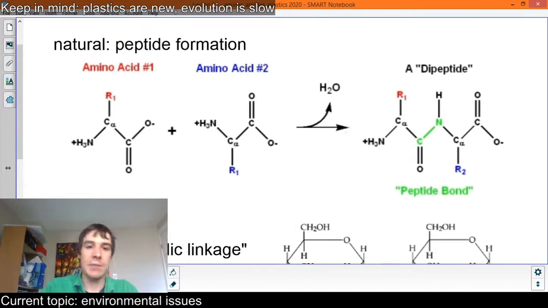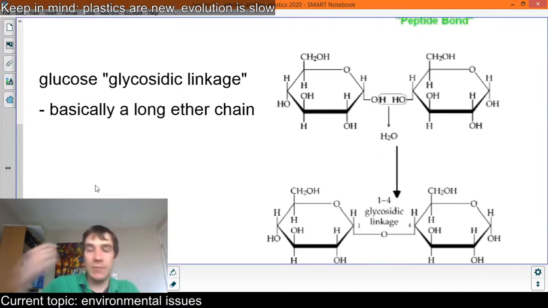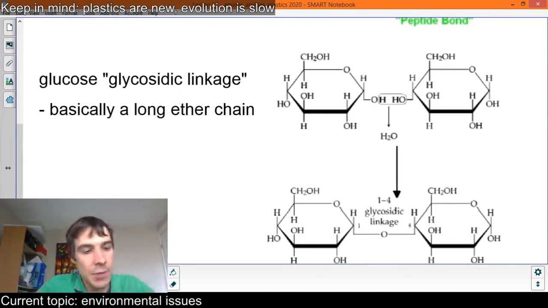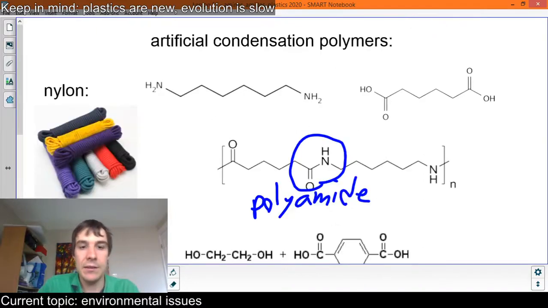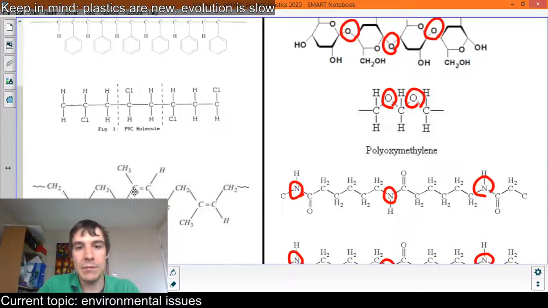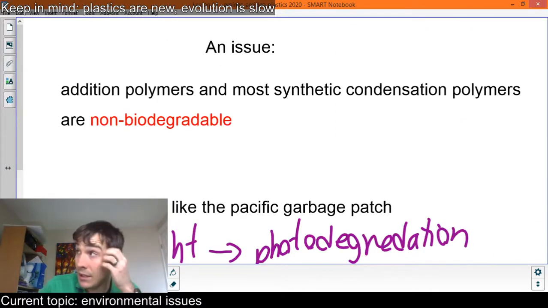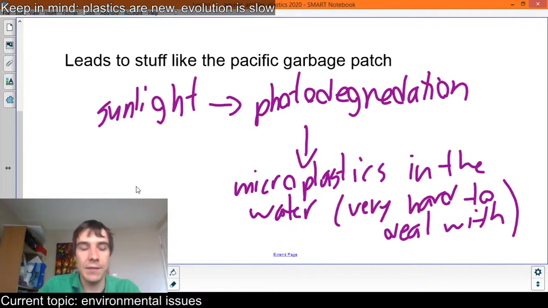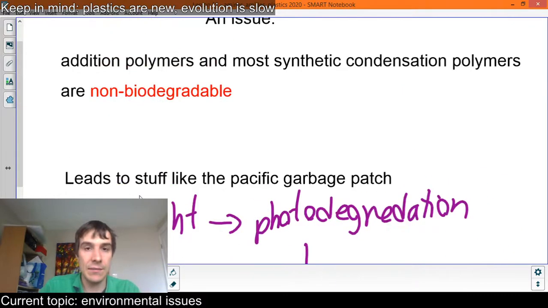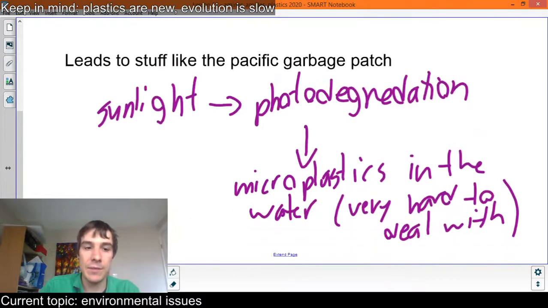So if you have a condensation polymer, you're more likely to find something that can biodegrade it. And so this is where polymers like polylactic acid have come in to create biodegradable, compostable plastics. You might have heard of those, like the coffee cup lids that are compostable. They're typically made out of condensation polymers that can be eaten.